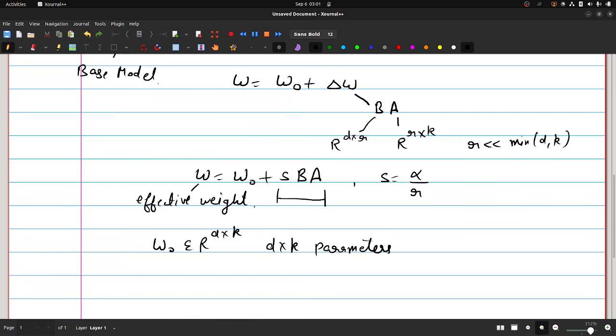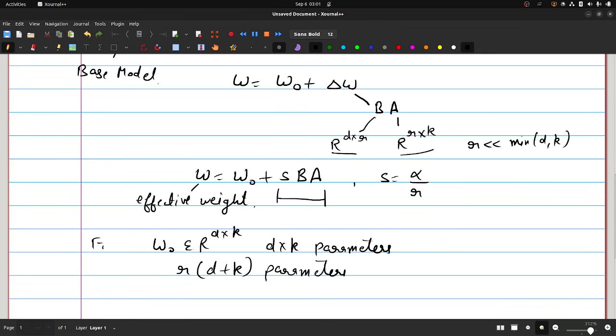But now you only have to train this part, which has these dimensions. So in total you will have R times (D plus K).